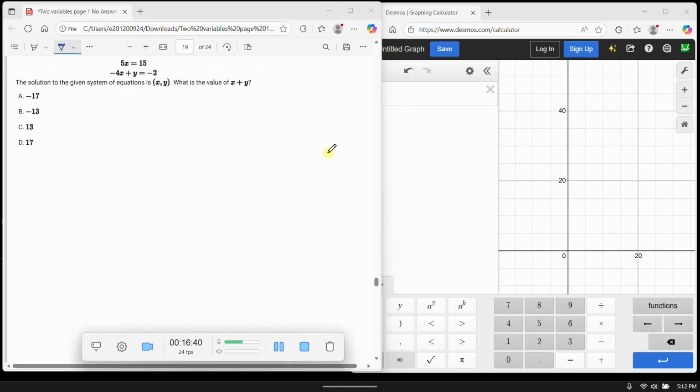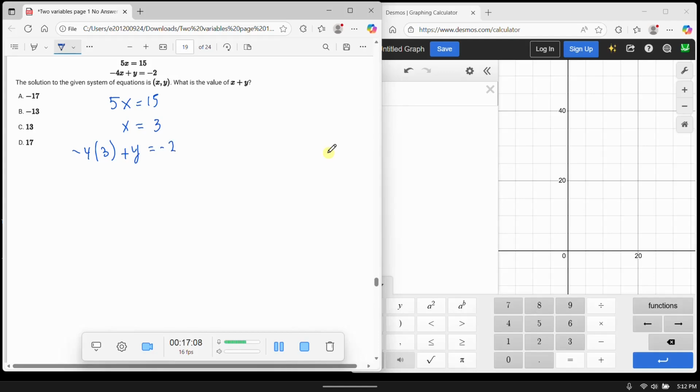For this question, it's easy to use the first equation to solve for x. So that's what I'm going to do. So x equals 15 divided by 5, which is 3. Then I'm going to use x equals 3 and plug it into the second equation. I'm going to have negative 4 times 3 plus y equals negative 2.